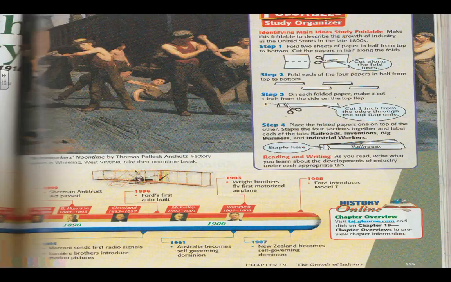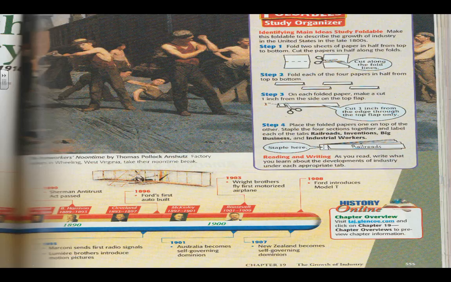On the next page, the Sherman Antitrust Act is passed in 1890. This again is a way to regulate businesses and regulate trusts. Trusts were huge corporations that not only encompassed one business, but encompassed several different businesses.